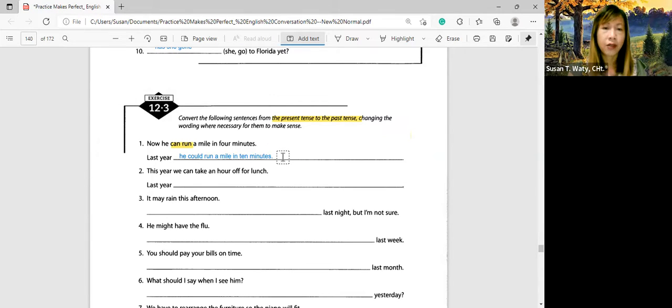Now we have can run. We have this kata bantu verb, kata bantu kerja. If you change the can, it turns into could. That's how we do it. Okay, perfect. Thank you, Angelina.